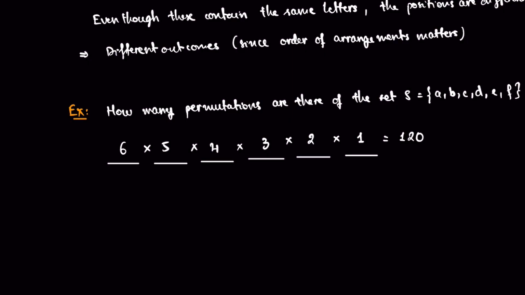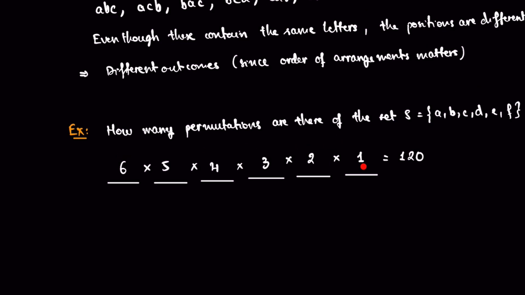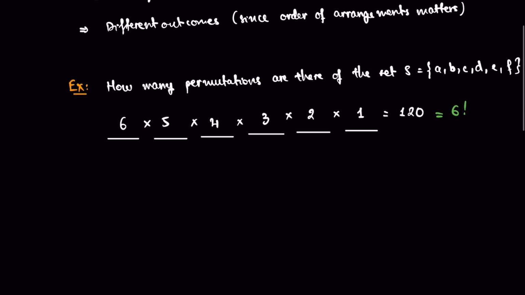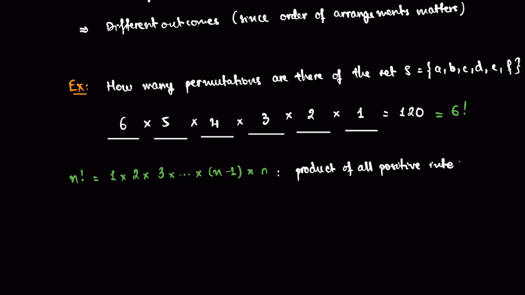In mathematics, there's a shorthand notation to represent this type of calculation, because this is the product of all positive integers from 1 to 6. The notation is going to be 6 factorial. So in general, n factorial is going to be equal to 1 times 2 times 3 times ... times n minus 1, then times n. So n factorial is the product of all positive integers from 1 to n.